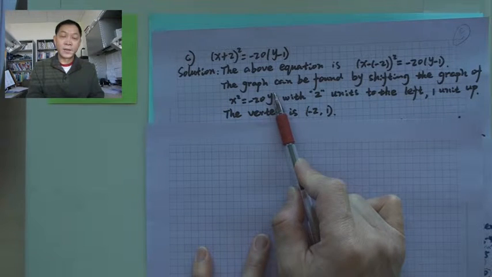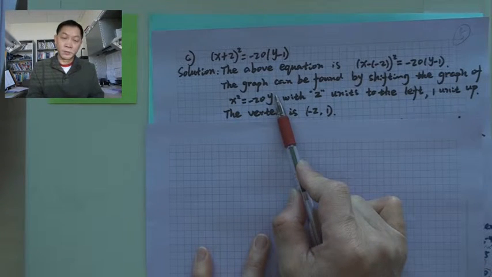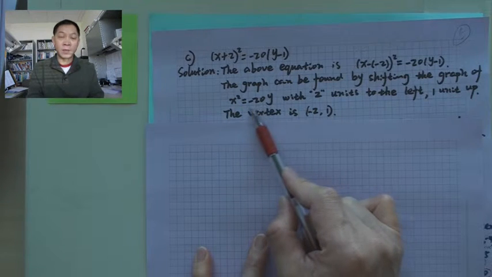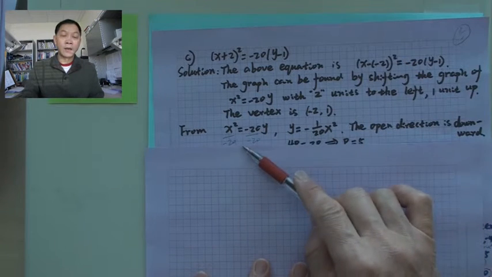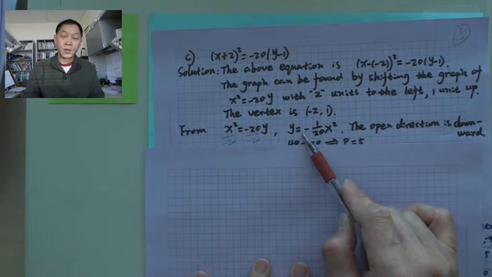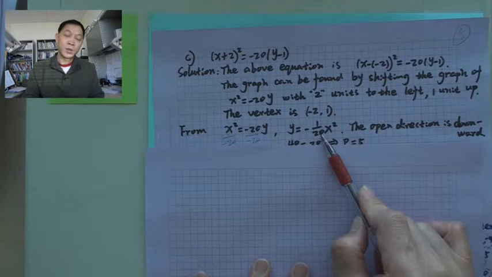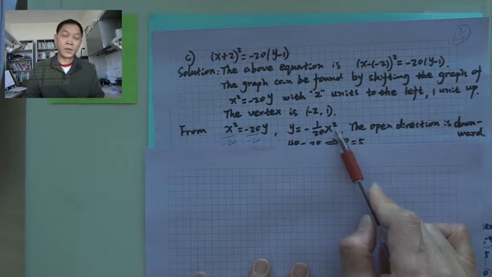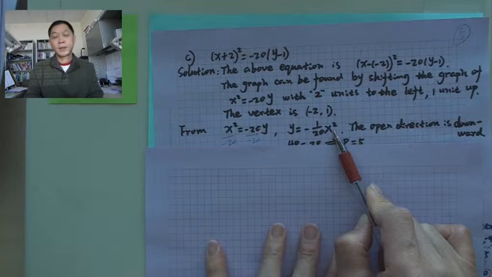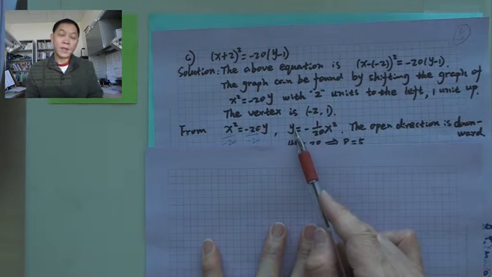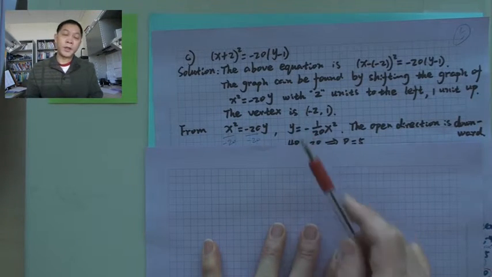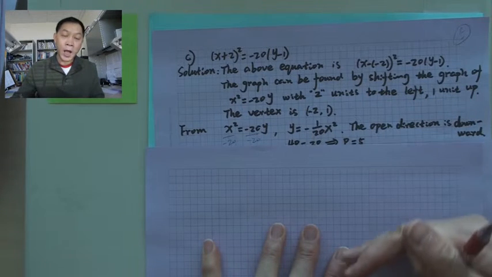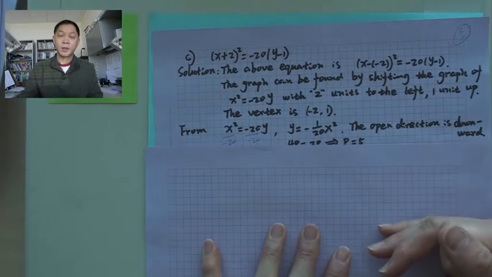Now, we know this equation well from the first 2 examples. Here x is squared, so y needs to stand alone. Then divide both sides by negative 20. Then you will have y equals negative 1 over 20 times x squared. Now, y stands alone and x is squared, which means the open direction is either upward or downward.